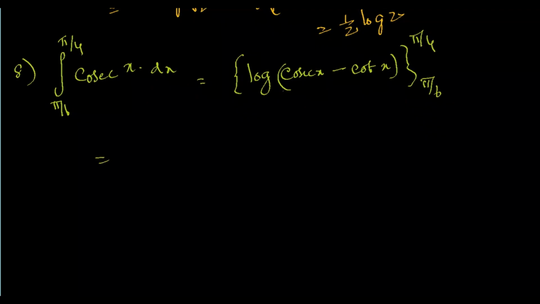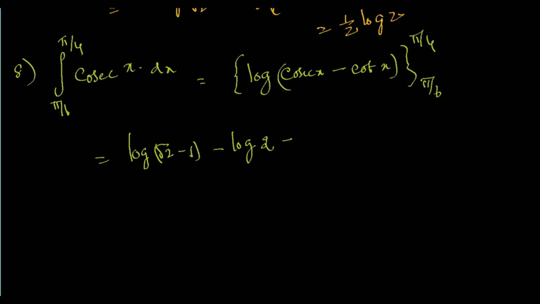So first we will apply pi by 4. Log of cosecant pi by 4, that is cosecant 45. Sin 45 is 1 by root 2, so cosecant is root 2, minus cot pi by 4, that's 1. This is the upper limit. Minus log of cosecant pi by 6, which is 2, minus cot pi by 6.